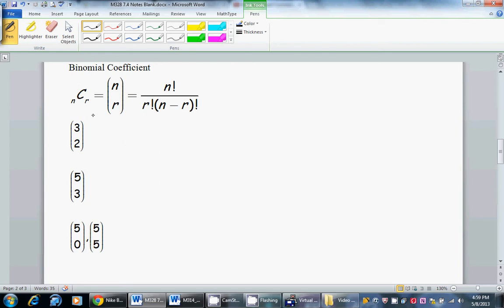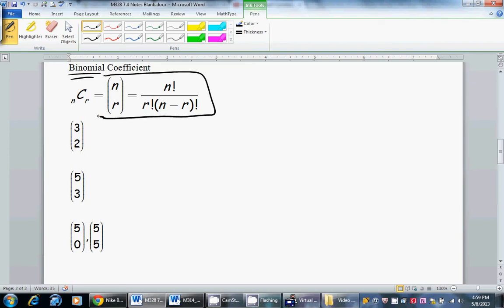We'll talk about how this relates to the binomial stuff in a moment, but here is a new operation. Whenever you see two numbers like this in parentheses, n over r, so not really over, it's not necessarily a fraction, here's what you're going to do. You're going to do n factorial over r factorial times n minus r factorial.